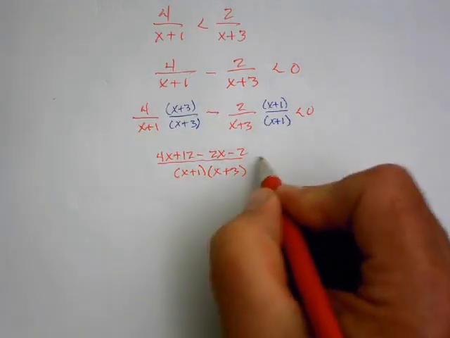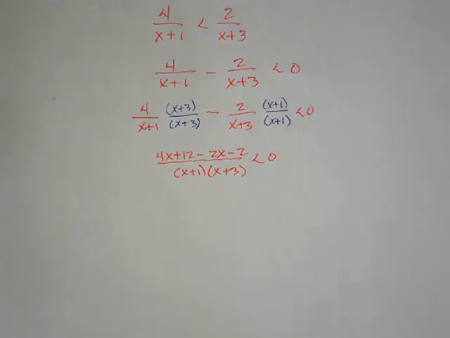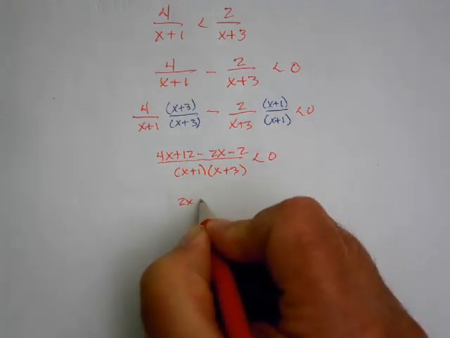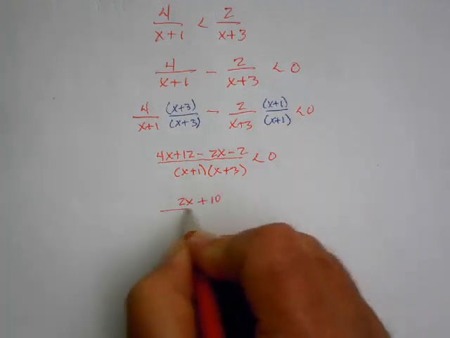And combining my terms, I'm going to have 2x plus 10 over x plus 1, x plus 3.